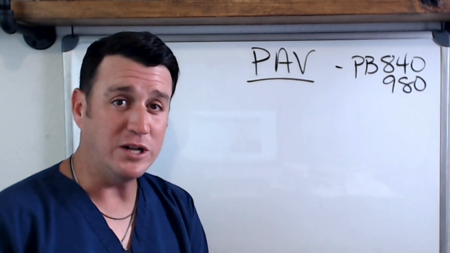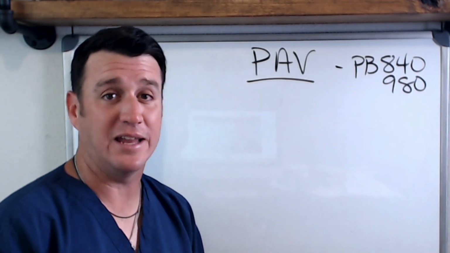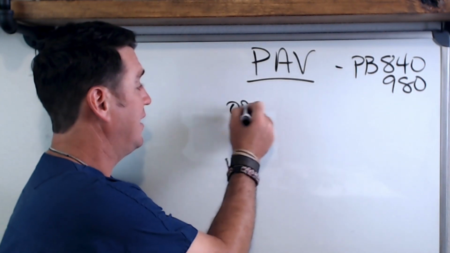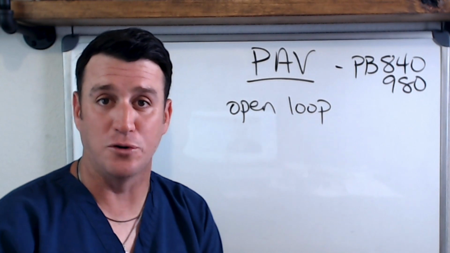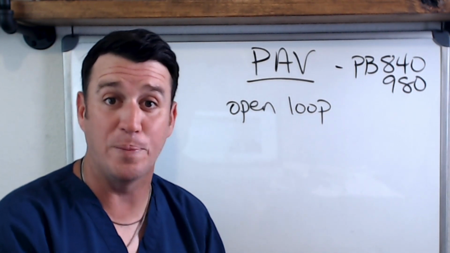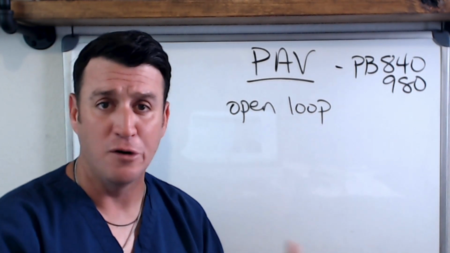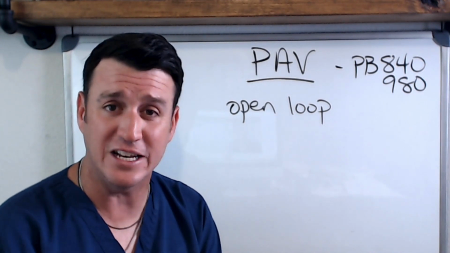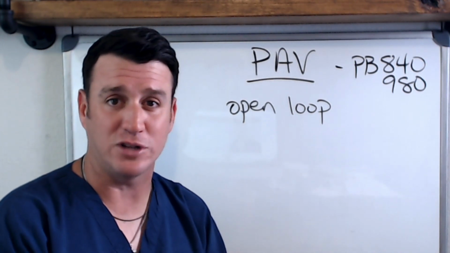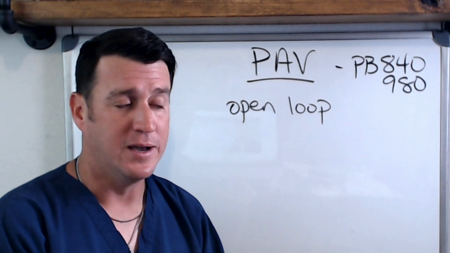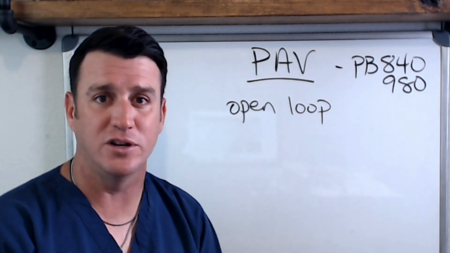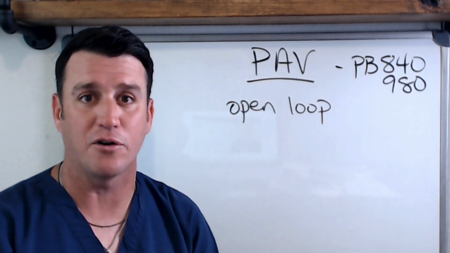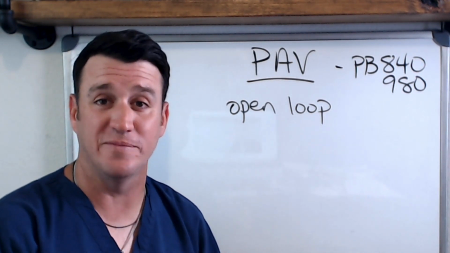Now, once you understand that, then you need to understand that this is an open loop form of mechanical ventilation, okay? So open loop. What is open loop versus closed loop? Well, if you've seen any of my other videos, then you know that I've talked a lot about this recently because there's new modes coming out, and a lot of the new modes coming out are all open loop modes of mechanical ventilation.